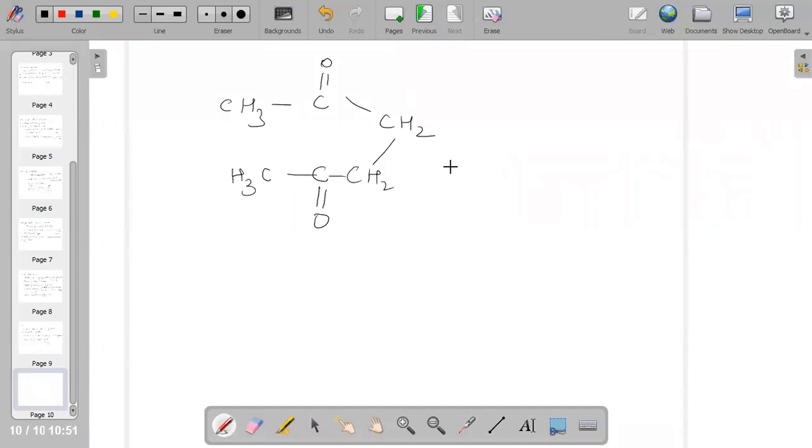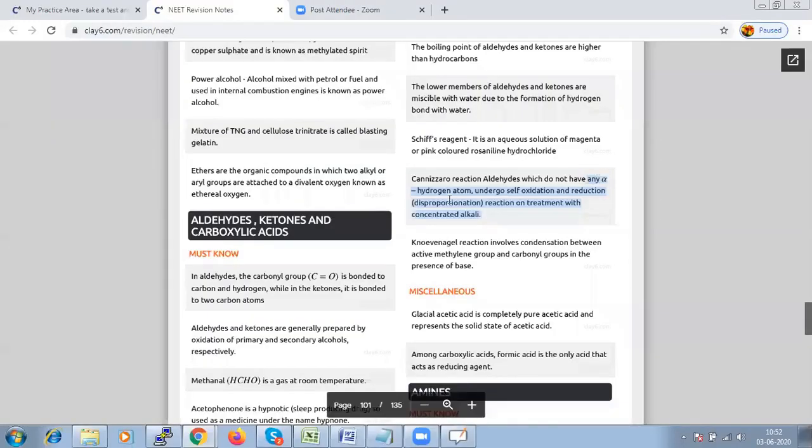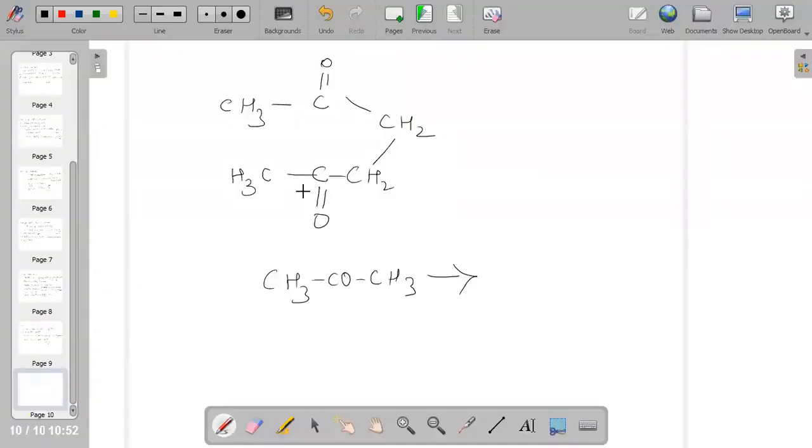They can undergo the Cannizzaro reaction. But when we are saying CH3COCH3, this will have alpha hydrogen. That means it can undergo aldol condensation. I repeat, if they do not have alpha hydrogen atoms, they will undergo the Cannizzaro reaction. And if they have alpha hydrogen atoms, they will undergo aldol condensation.